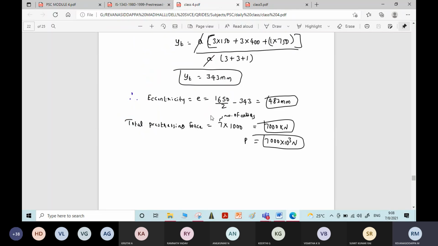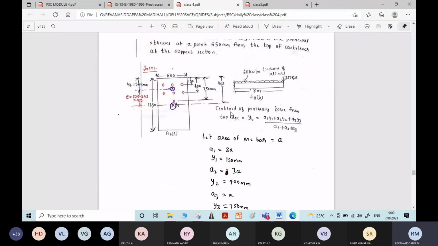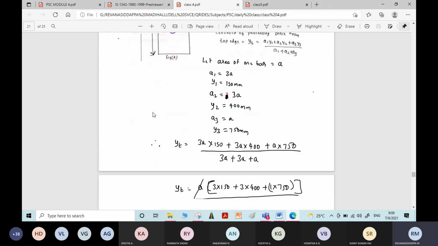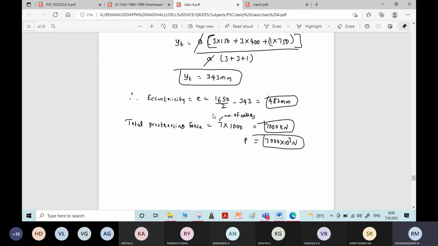After that we have calculated the eccentricity. Eccentricity is the distance between the centroid of the cables and the centroid of the whole figure. The total depth of the beam is 1650 mm, divided by 2 gives the distance of the centroid from the top fiber, that is 825, minus 343 gives the eccentricity.